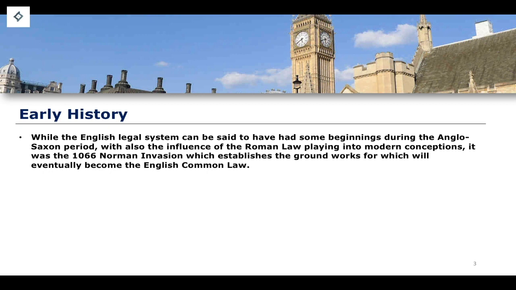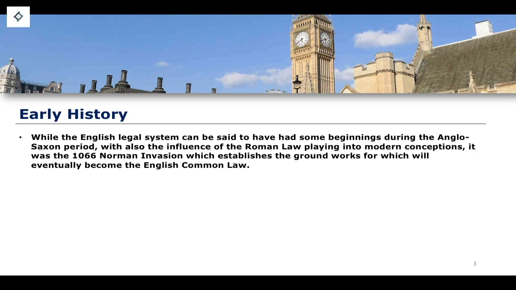And in addition to this, the groundworks for what eventually becomes known as the common law system is found in the 1066 Norman invasion, the establishment of Norman England and the new Norman kings, which come after this period of Anglo-Saxon Britain.